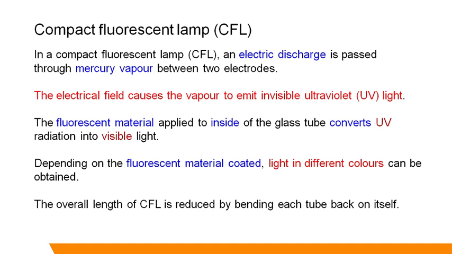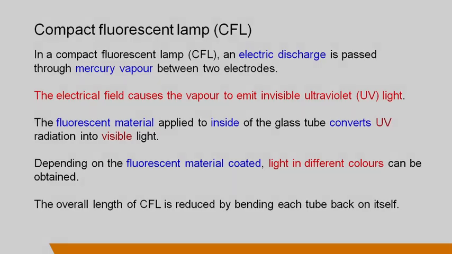A very important factor is that the overall length of the CFL is reduced by bending each tube back on itself. In a normal tube light it is long, but here the same power or the same intensity can be obtained by just bending the tube. This is one of the important parts of the compact fluorescent lamp, in short CFL.